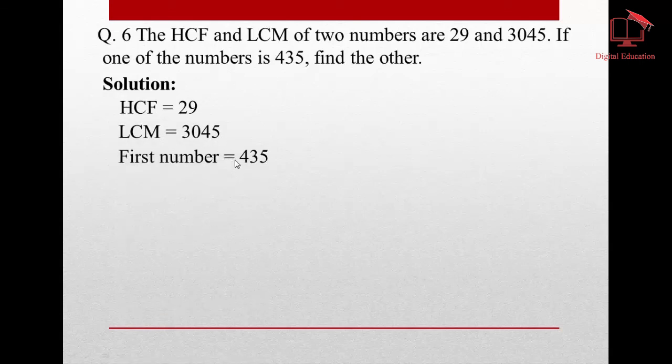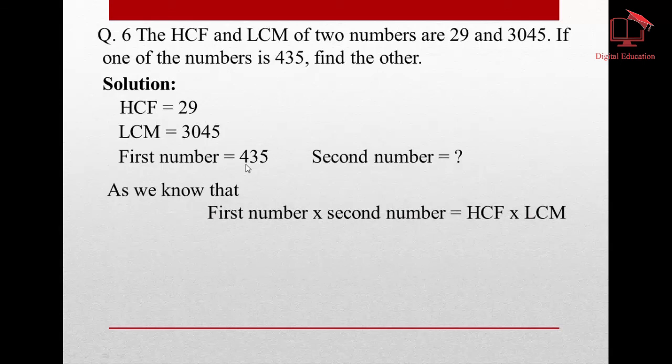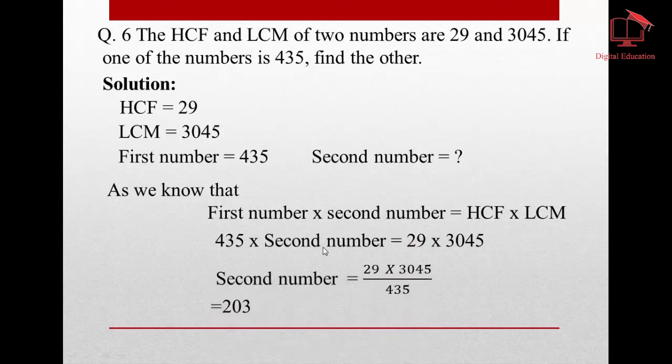Now the first number is equal to 435 and we have to find out the other number. Now as you know that this is a formula, we will put our values according to the formula. After this we will arrange the equations, and after arranging the equations we will simply multiply. After multiplication and division we will get the answer, that is 203.